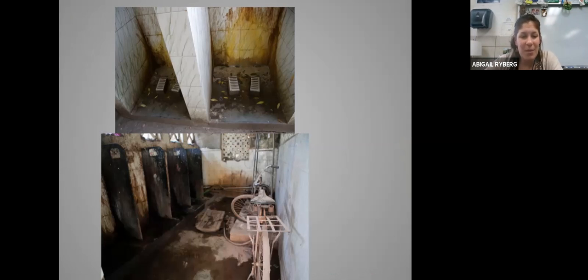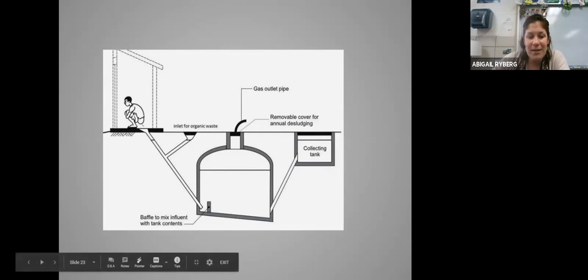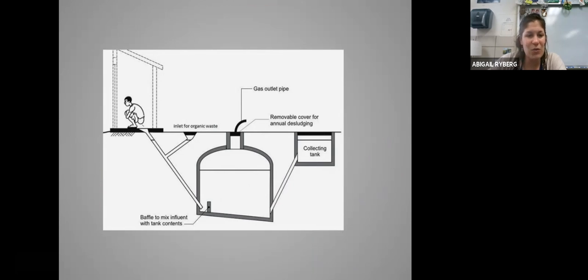Here are just some common examples of what we would call bathrooms around the world. These examples, you kind of walk up to them and stand there and you pee or poop. What it looks like underground is often, and this is actually pretty advanced, really, someone goes to the bathroom, and then there's a little channel that diverts it back into this tank.